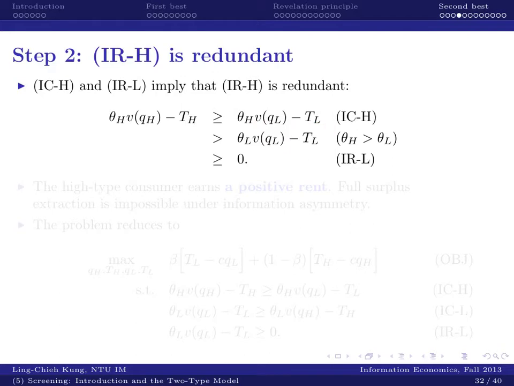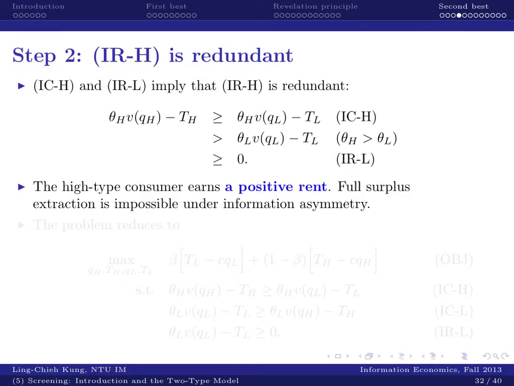And this is going to be greater than the corresponding expression with theta L, because theta H is greater than theta L. And finally, this is nothing but the left-hand side of IRL, and that's why this is going to be greater than or equal to 0.